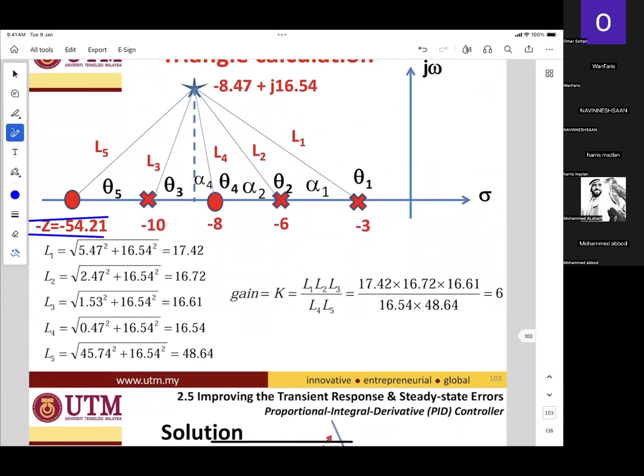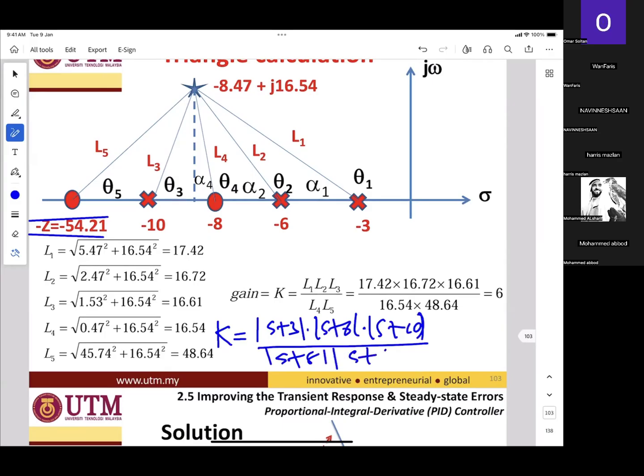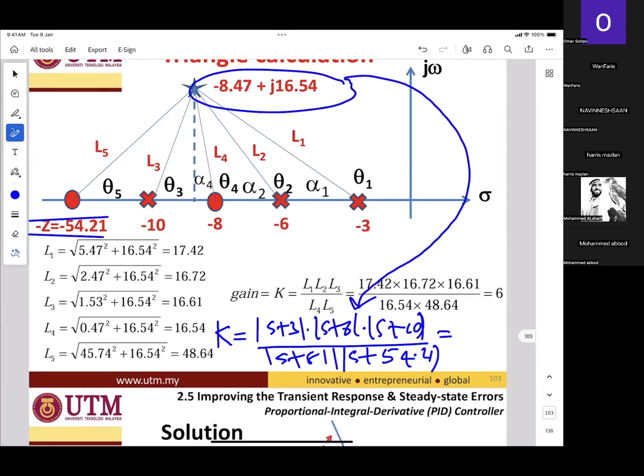This is using a triangle, but the best thing is you just use the easy one that I taught you, which is the magnitude of S plus 3, S plus 6, S plus 10, over S plus 8, S plus 54.2. Then you use this value, insert it inside here, and you get the value, the gain is 6.